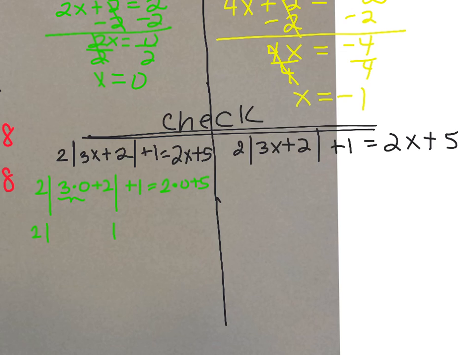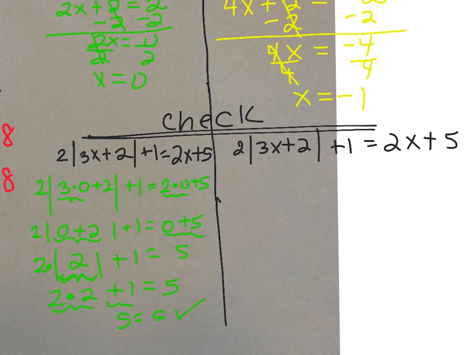So we have 3 times 0 is 0 plus 2, plus 1 equals 2 times 0 is 0 plus 5. Keep going. So we have 2 times the absolute value, 0 plus 2 is 2, plus 1 on the outside equals 0 plus 5 is 5. Remember, this is times here, but you have to do the absolute value first. So it's 2 times the absolute value of 2 is 2, plus 1 equals 5. 2 times 2 is 4, plus 1 is 5 equals 5.